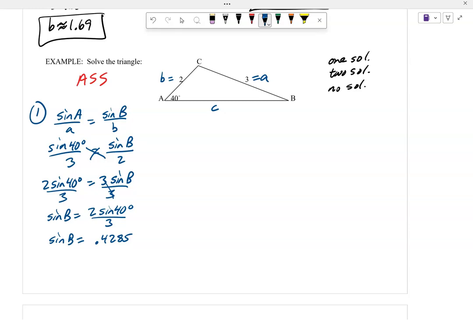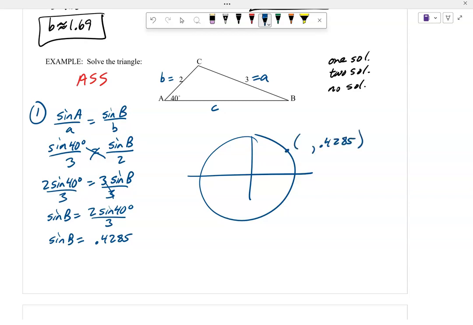And now, if you think about that for a minute, on your unit circle, you have a sine value that is 0.4285. That could happen at 2 spots, right? It could happen at that angle, whatever that is, or it could happen at that angle. I'll call that beta, okay?